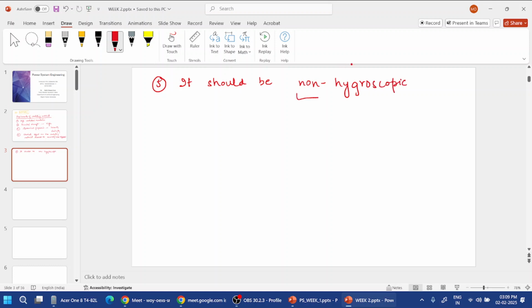It means that it should not capture moisture, because the dielectric strength is heavily affected by moisture. If moisture is contained in any dielectric material, or a material which is much more affected by moisture, its dielectric strength will become less effective.